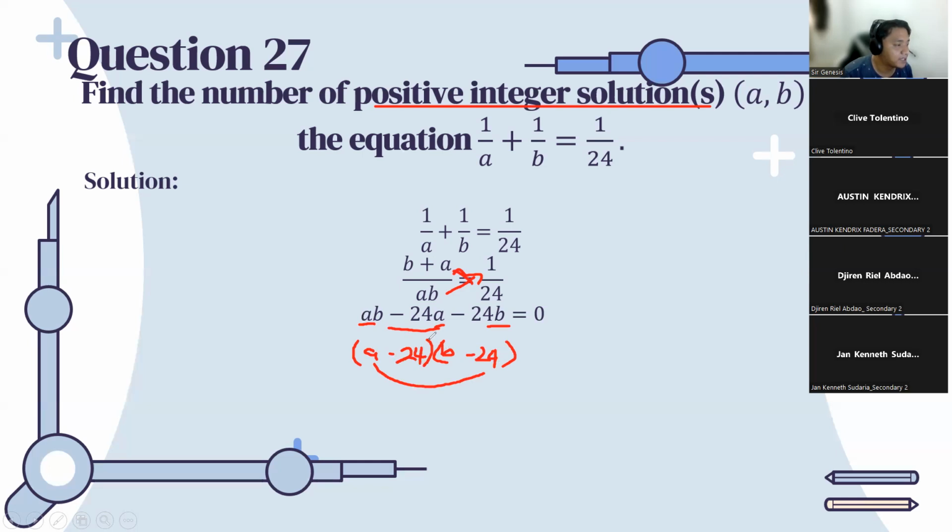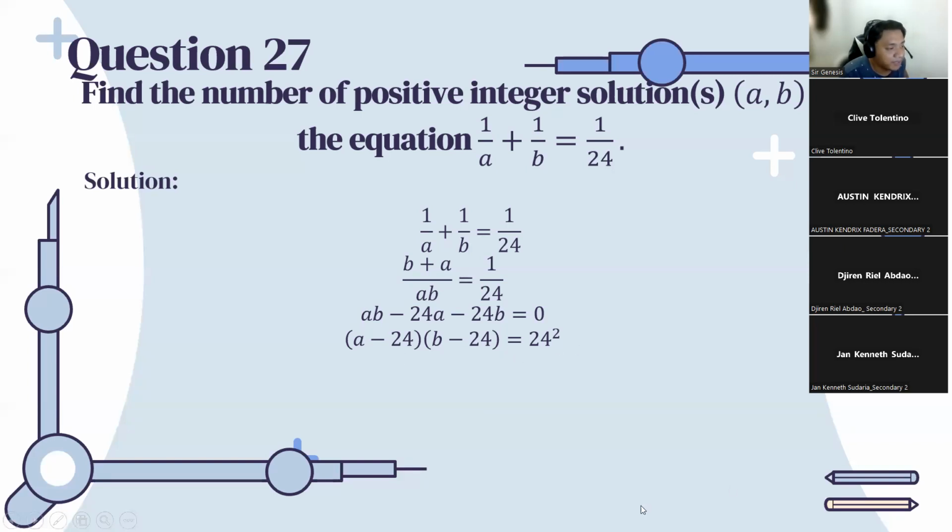Which means there is something missing here. The missing value is negative 24 times negative 24, or just 24 squared. So you need to add 24 squared to both sides of the equation in order to factor it. So that will be (A minus 24) multiplied by (B minus 24) is equal to 24 squared.